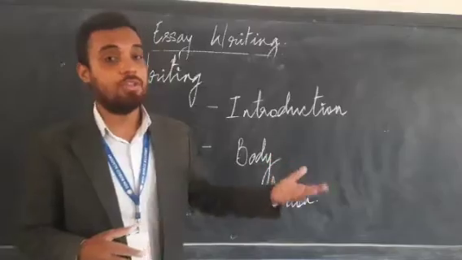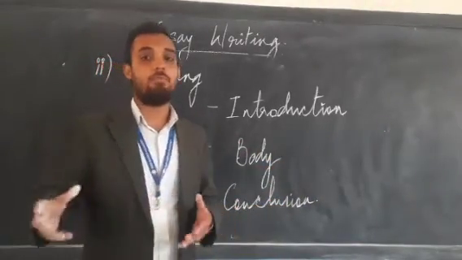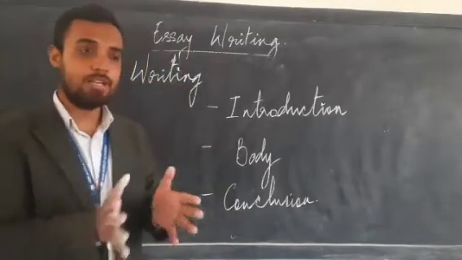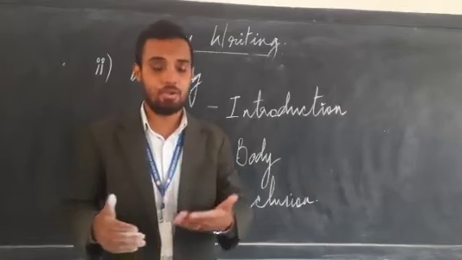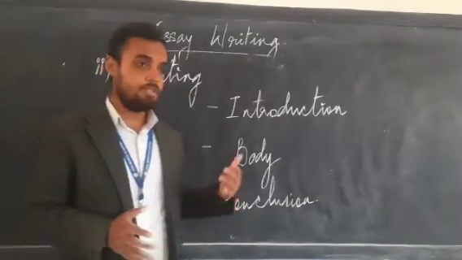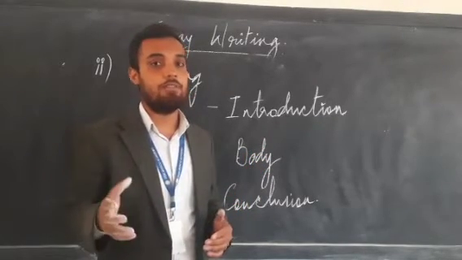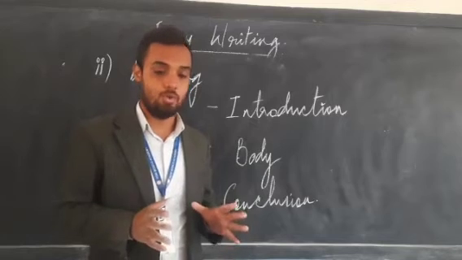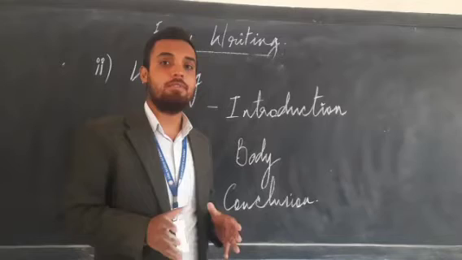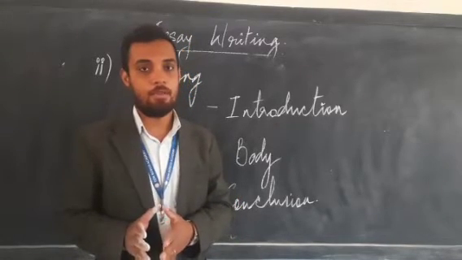Okay, suppose there are 350 words and we have got 5 to 6 points. So each and every point needs to be explained well, so that the word limit doesn't exceed or doesn't get less. Okay? And while describing each and every point, you also have to take note that the description you are giving for each point should be the same.